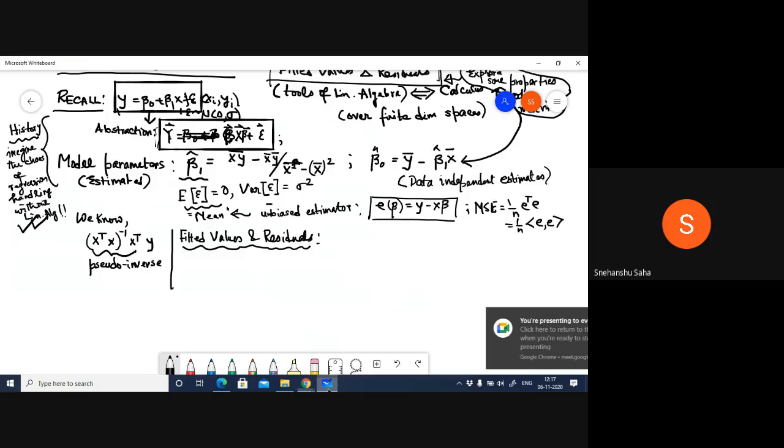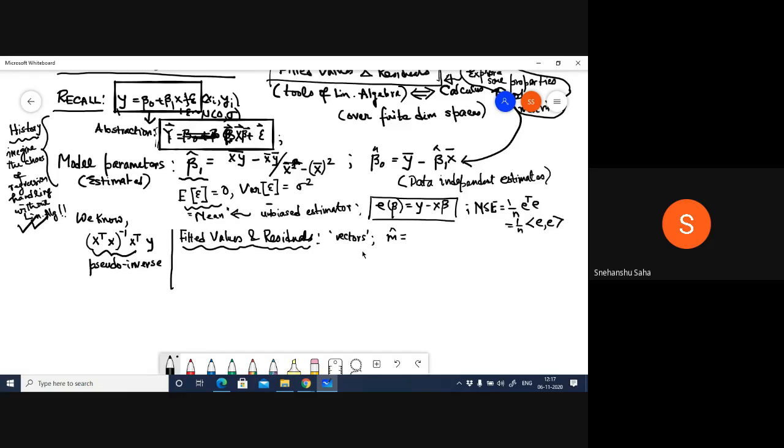Okay. So now what happens is we compute the fitted values and the residuals. These fitted values and residuals are also vectors. We call this fitted values M. In statistics we usually use the hat notation to denote that we are estimating this.